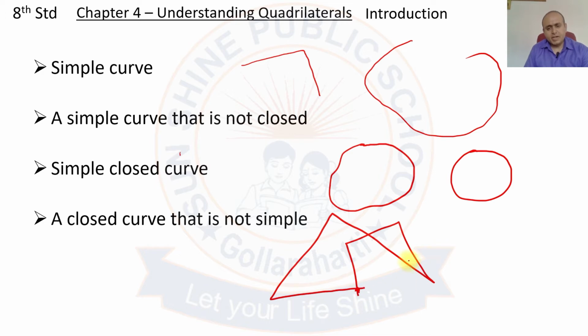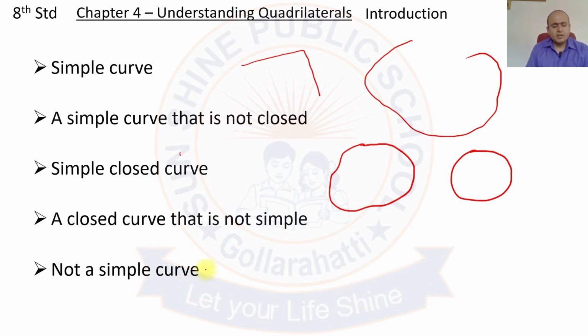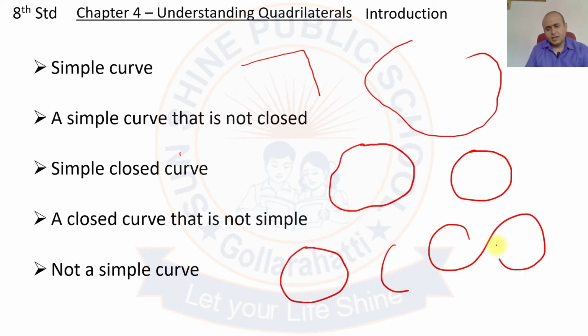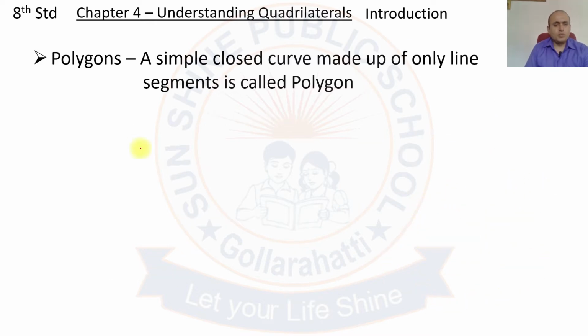It's a closed figure but it is not simple. A simple curve is a circle or an arc. A curve which is not simple is called a not simple curve.